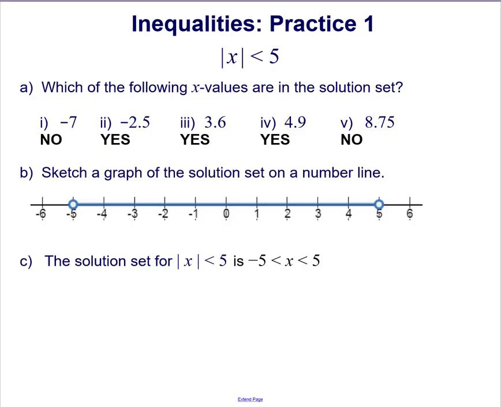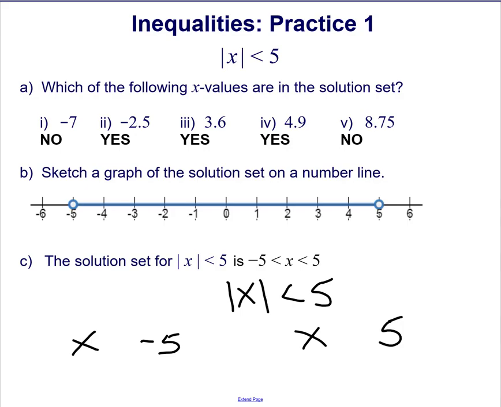Here's a refresher on how we accomplish that. So what I did was I started with the absolute value of x is less than 5. I have to consider both the positive and negative. So I have x, -5, and over here I'm going to put x and +5.